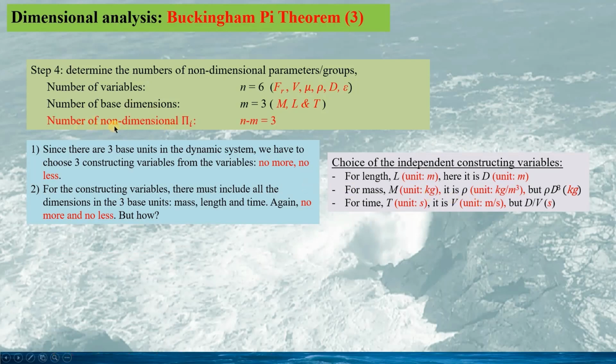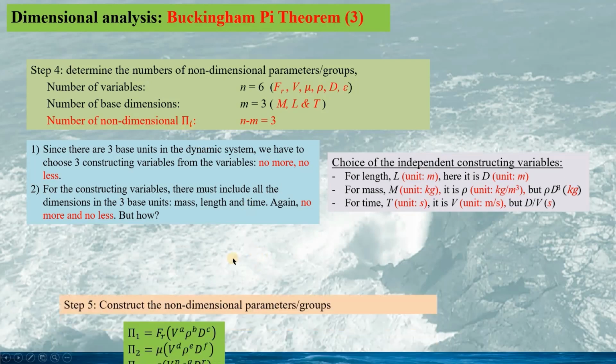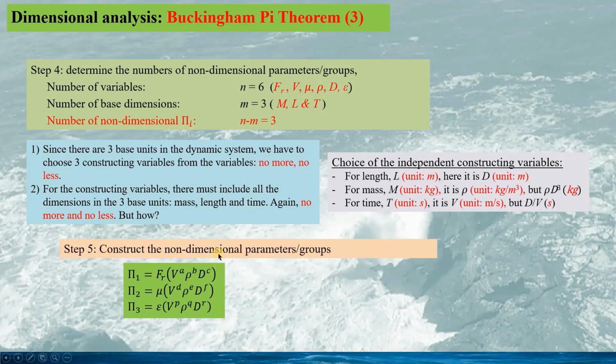Next, we need to look at the number of the non-dimensional parameters. So here we calculate n minus m equaling 3. That means we have 3 non-dimensional parameters, 3 pi's. In step 5, we can construct 3 non-dimensional parameters, pi 1, pi 2, and pi 3 as this.